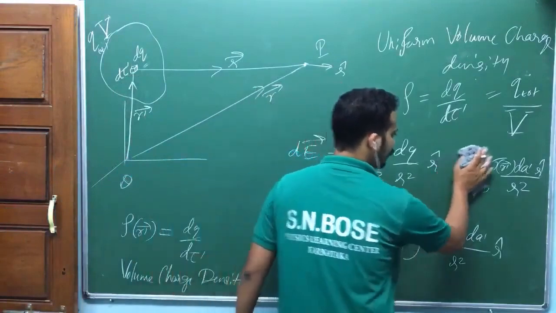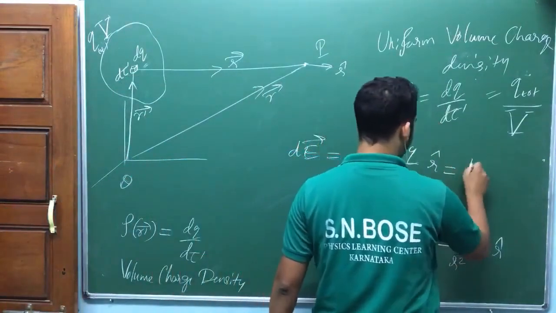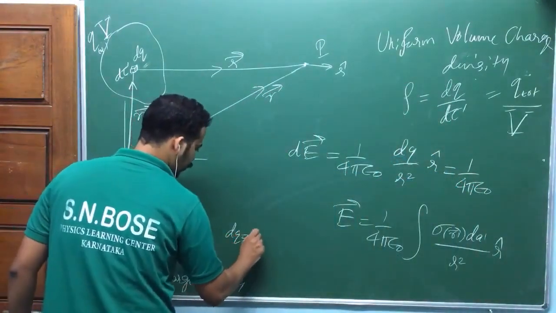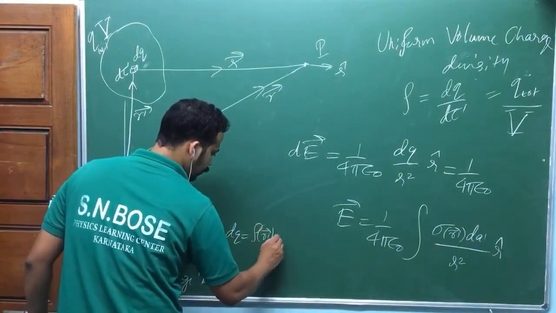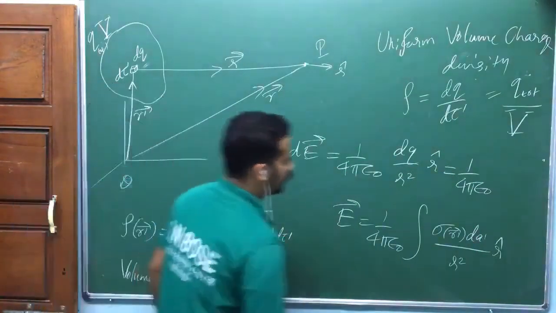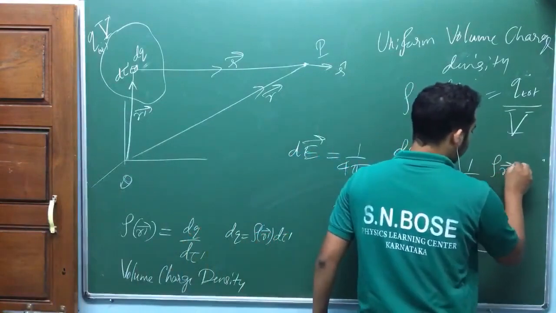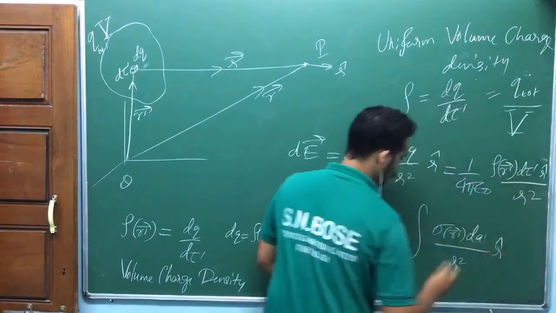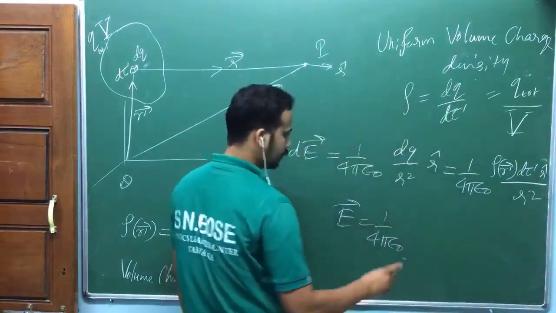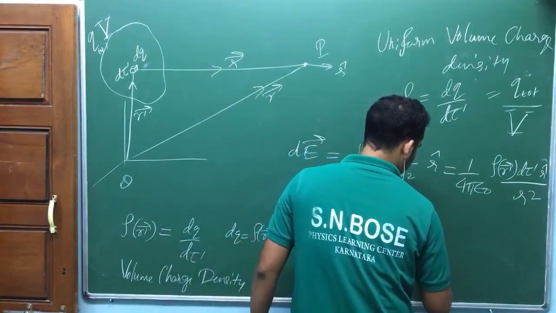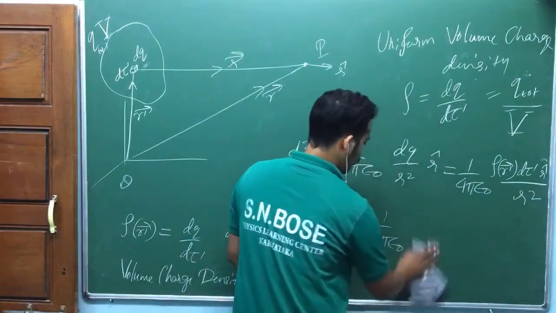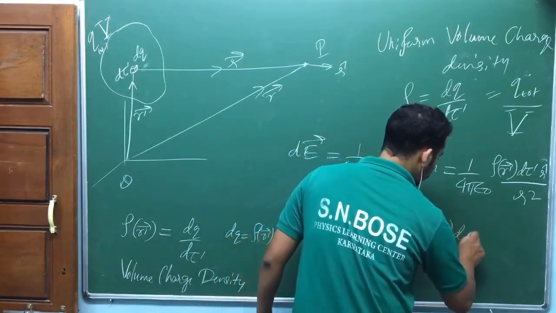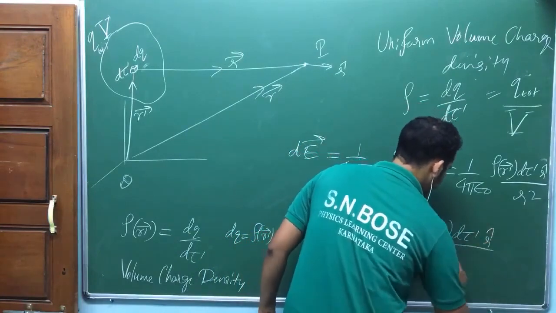Again, the same thing. In place of dq, in 1 by 4 pi epsilon naught, dq is equal to rho of r prime into dτ prime. You can rewrite it as the integral of 1 by 4 pi epsilon naught, rho of r prime dτ prime r cap divided by r square.